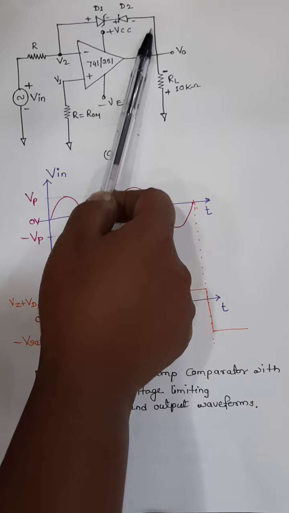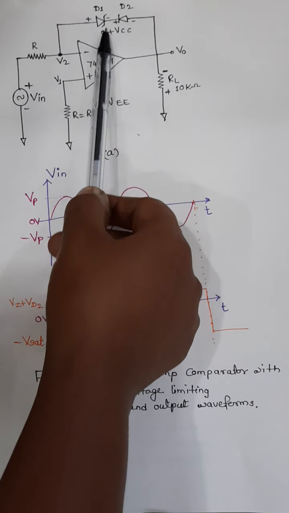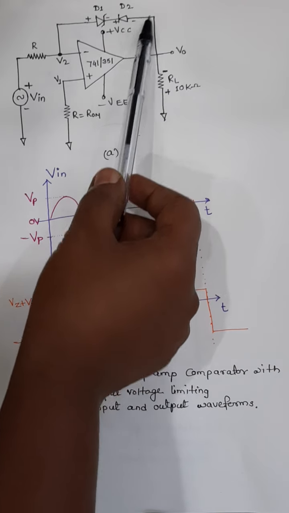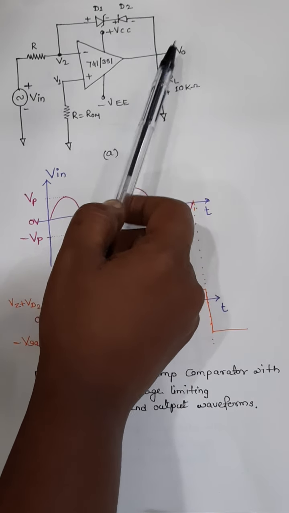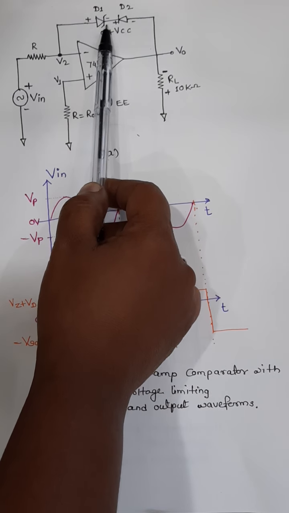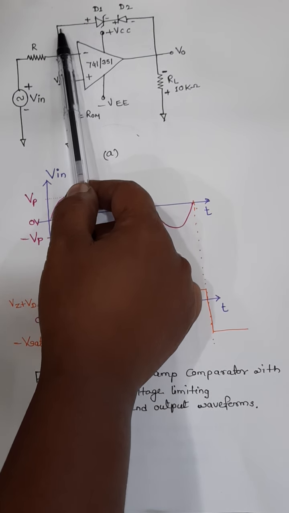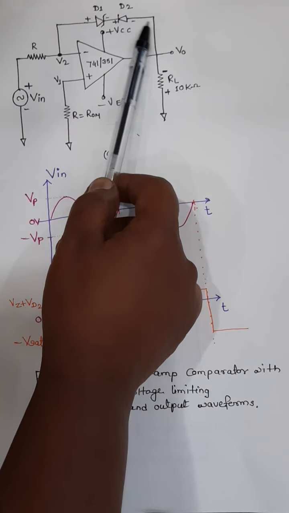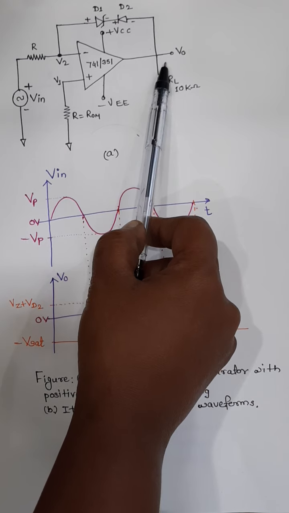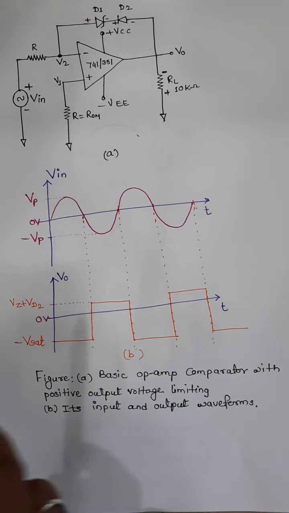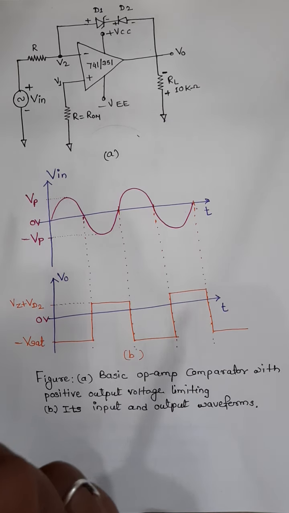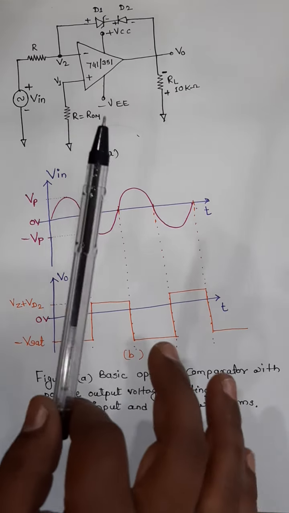So this positive voltage will conduct diode D2, or this will make diode D2 forward bias, and this positive voltage will make diode D1 reverse bias so that it can conduct up to the avalanche conduction. So now the feedback path will get closed. So the output is at positive saturation until diode D2 is in forward bias and D1 achieves its avalanche conduction.